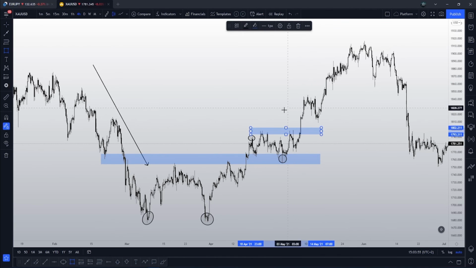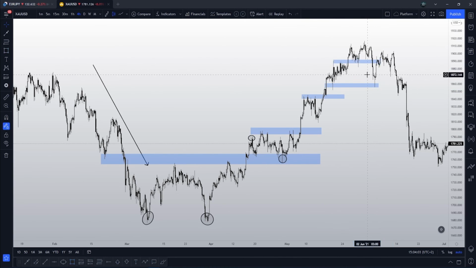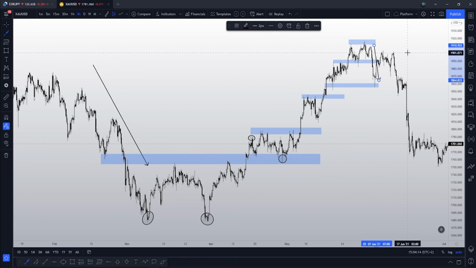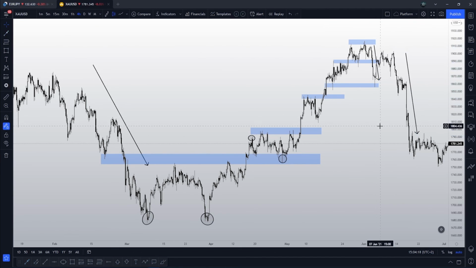This happens over and over again. Here, here, and here. Until price struggles to make new higher highs, and structure gets broken by a strong move to the downside, which we can see happening here. This is also called a shift in momentum.